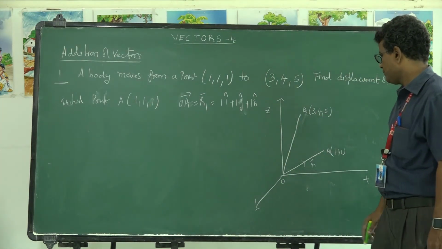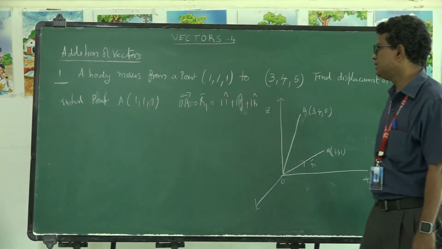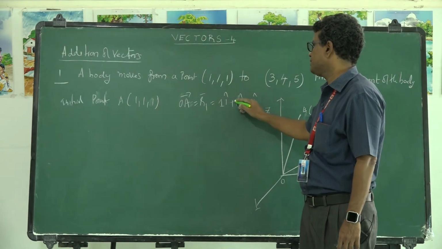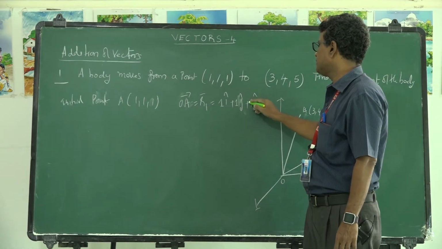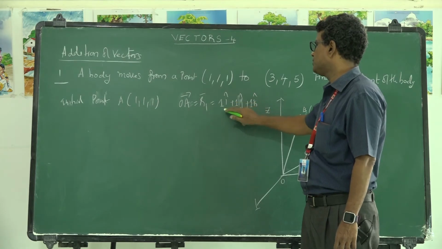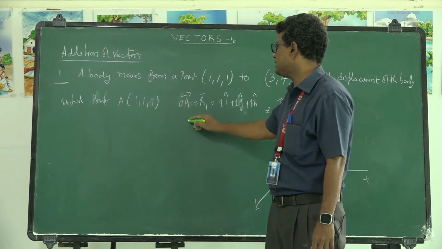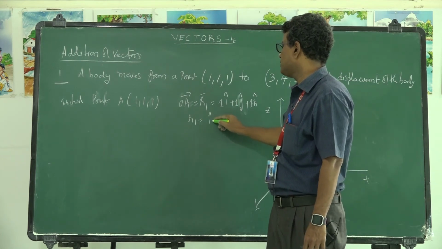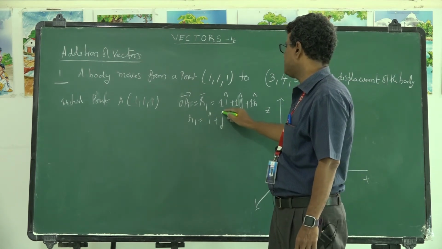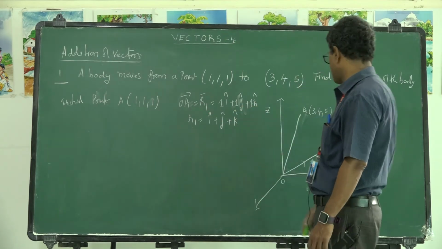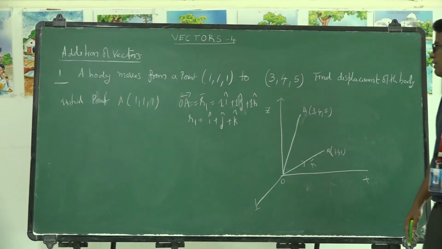There is no need of writing the 1 here, so 1 into i cap becomes i cap only. So this can also be written as r1 is equal to i cap plus j cap plus k cap. This is the position vector of the first point, OA bar.